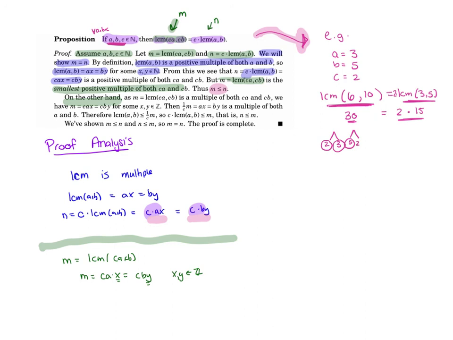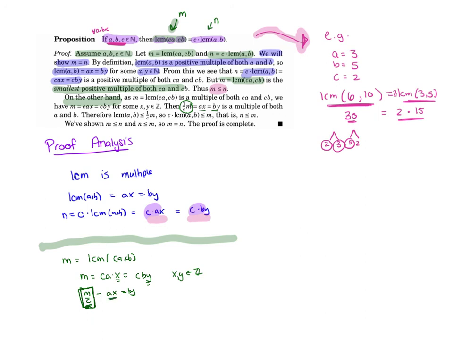So then they're saying that M is equal to CAX and equal to CBY. So if I divide by C, M over C is equal to AX is equal to BY. Therefore, the least common multiple must be less than or equal to this number, because this number here is also a multiple of both.